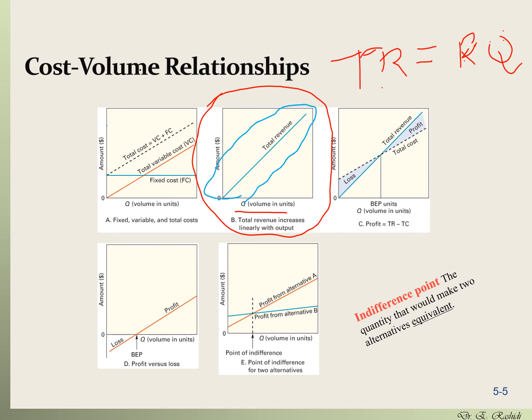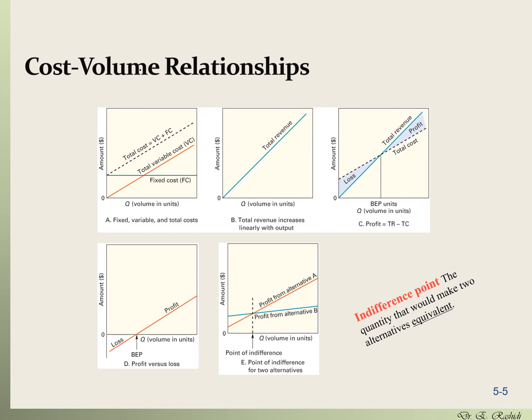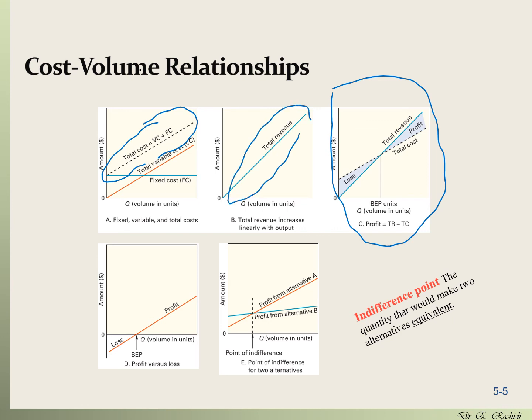So now we can compare the first chart and second chart to figure out the break-even point. The third chart here shows the break-even point. It's a mix of the total cost that we had in the first chart and the total revenue from the second chart. If you plot both of these in one chart, it's going to give you the third chart that you see here.